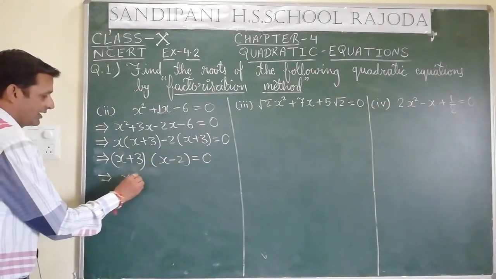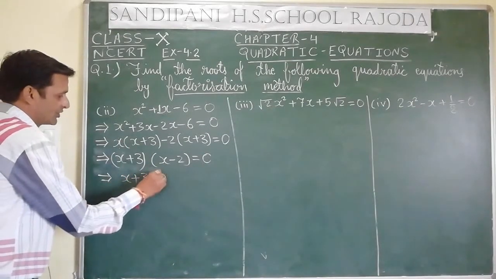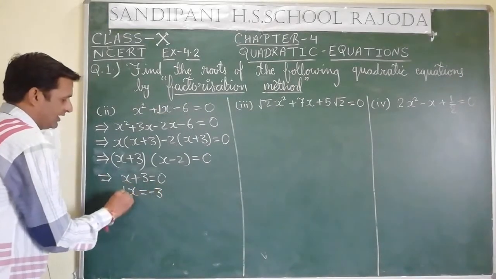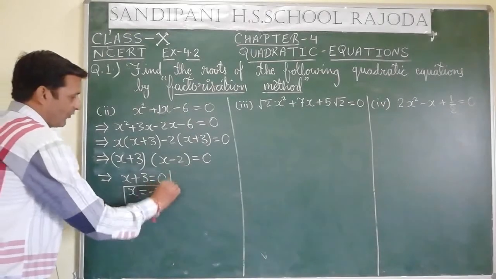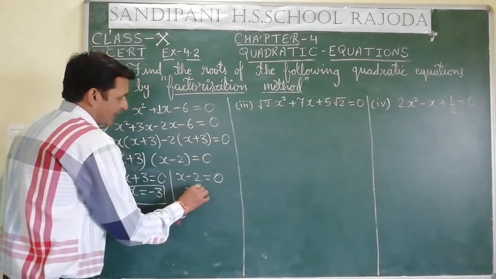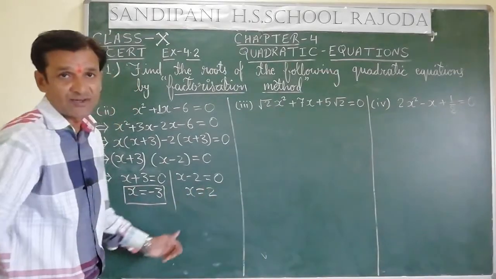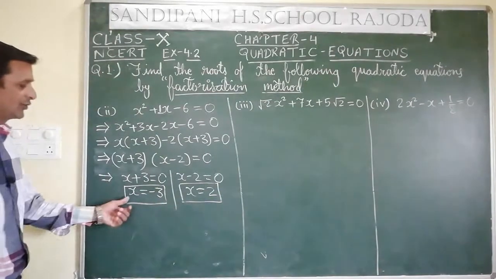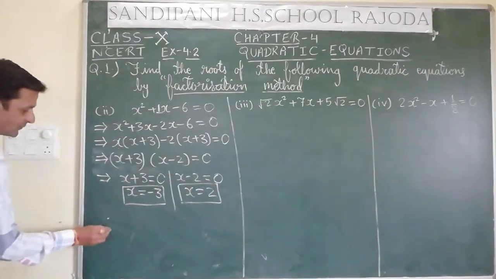So if we write x plus 3 is equal to 0, then x is equal to 0 minus 3, that is negative 3. And if we write x minus 2 is equal to 0, in that case x is equal to 0 plus 2, that is x is equal to 2. So x is equal to minus 3 and x is equal to 2 are the roots of the equation.